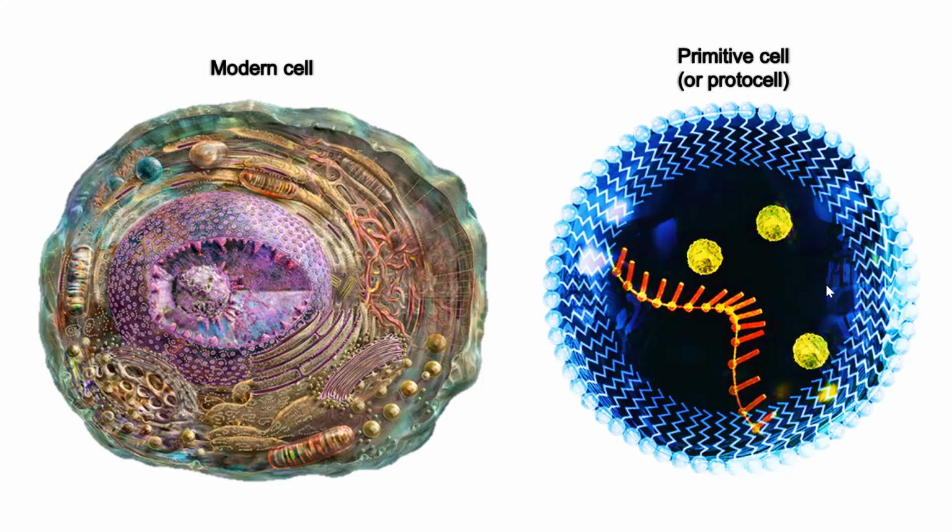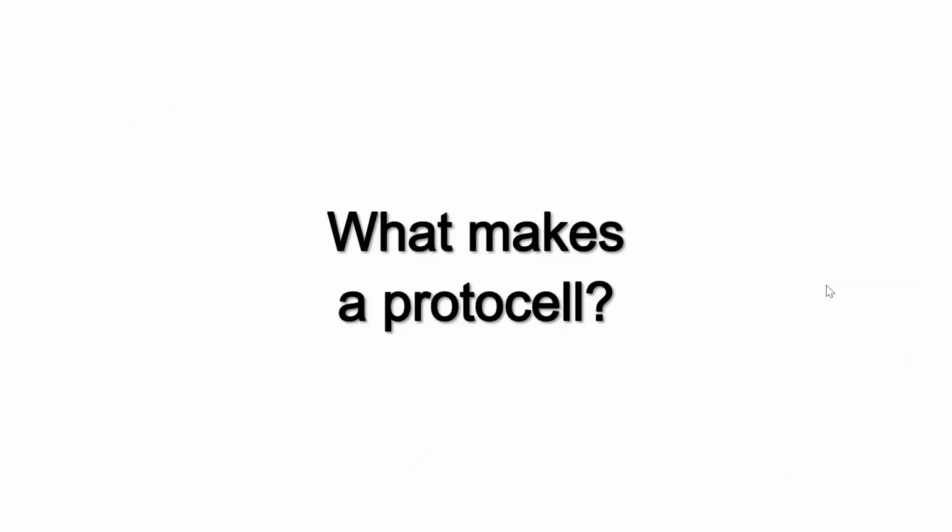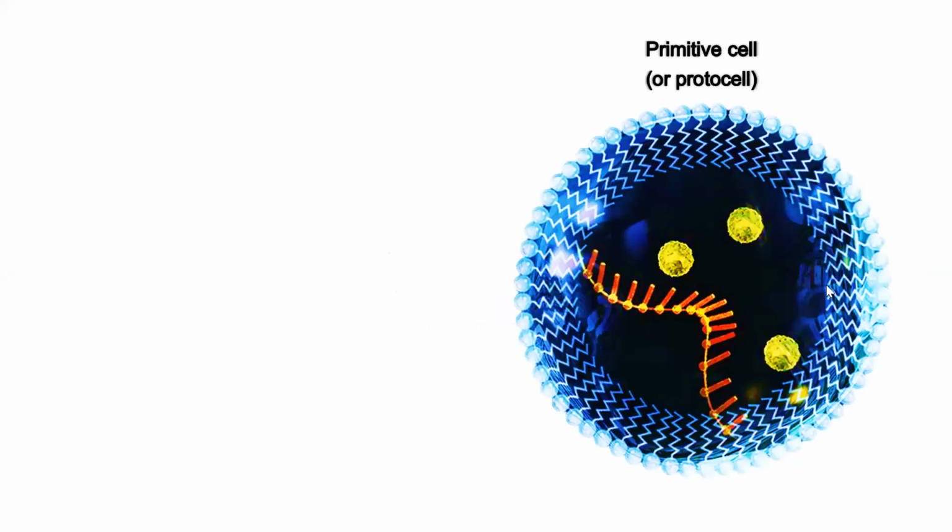So as the question I was just asked leads towards, the right question at this point is to understand what we need to make a protocell. So if we go back to this very simple schematic of what a protocell or a primitive cell might be, what we need to make a primitive cell or a protocell is something that contains something else.